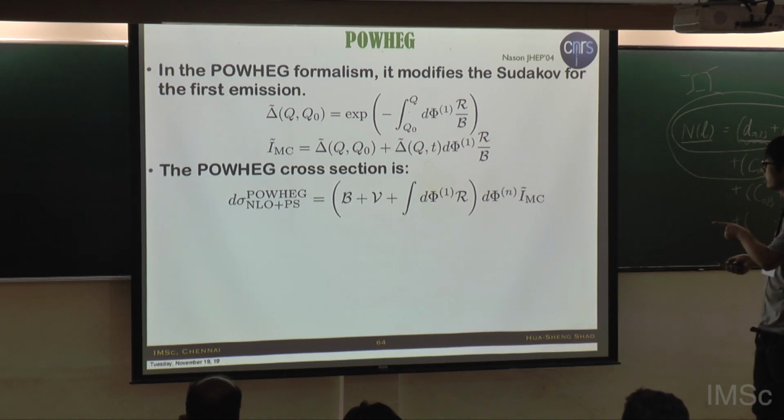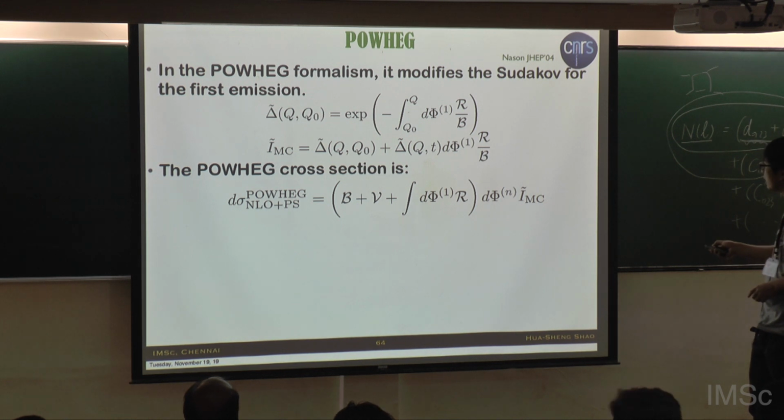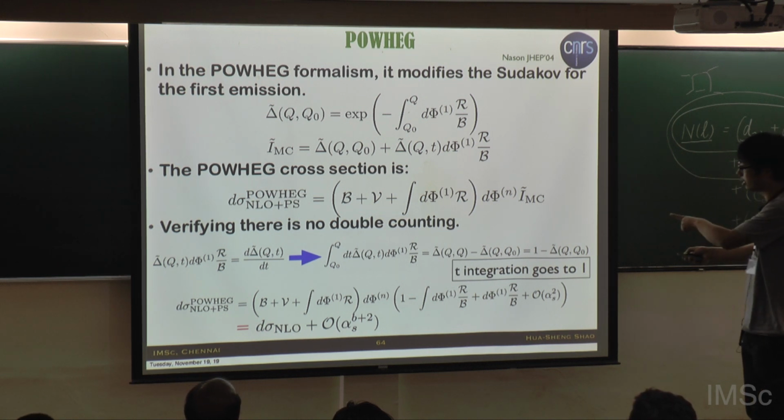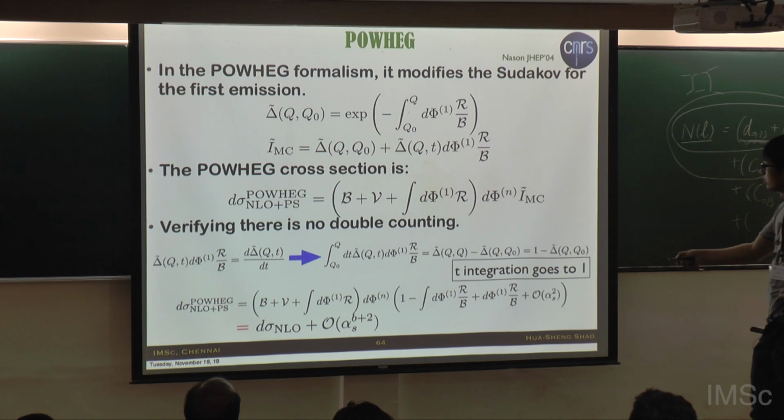So right now, the POWHEG cross-section is simply B plus V plus the integral of dΦ1 R and dΦn times the shower operators, I tilde. You can verify that this T is needed, because if you integrate from Q0 to Q, just differentiate these, then you will get 1 minus delta tilde, right?